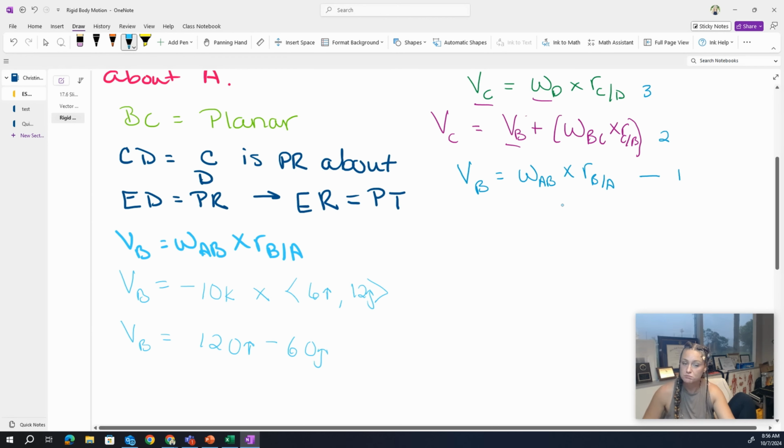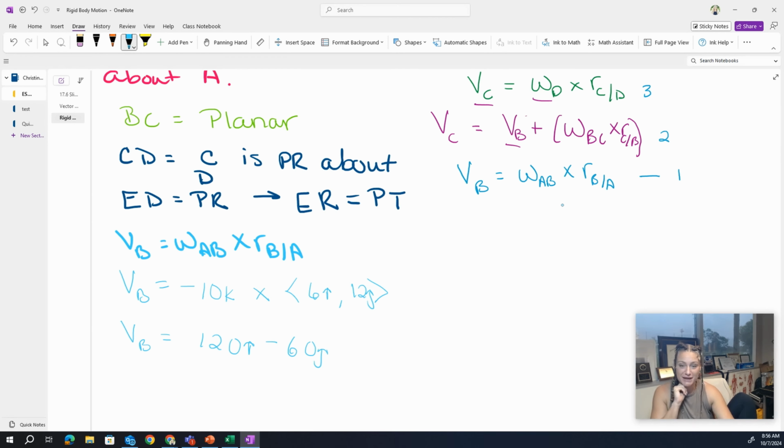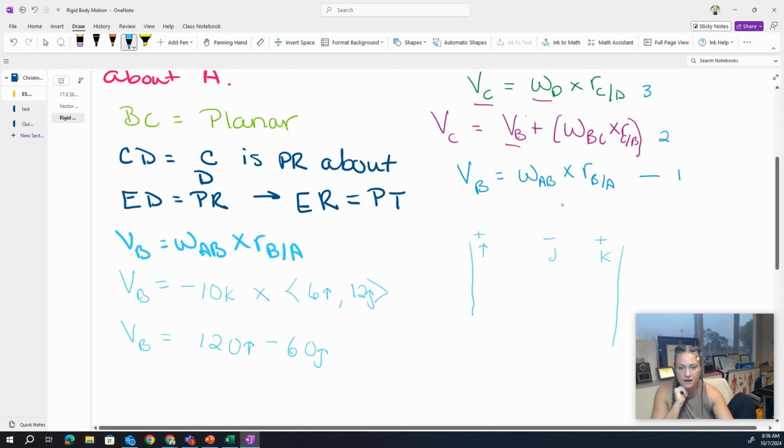If you don't know how I did that, then we need to go back to cross products, and we do I, J, K, and then the signs like this go above it. Then I put up my first vector, which is 0, 0, negative 10, and then 6, 12, 0.